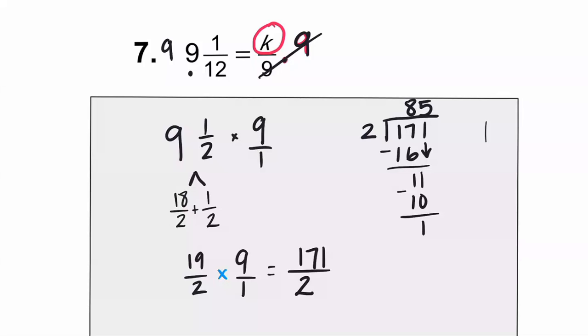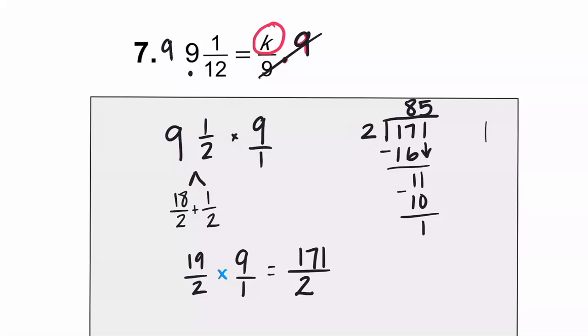Okay, and if we're going to make this into a mixed number, sorry, I'm trying to get my eraser here. If we're going to make this into a mixed number, then we need to use the quotient and the divisor and remainder. Ooh, I thought I had my pointer on and I erased everything. We're going to use our quotient, our divisor, and our remainder to make our mixed number.